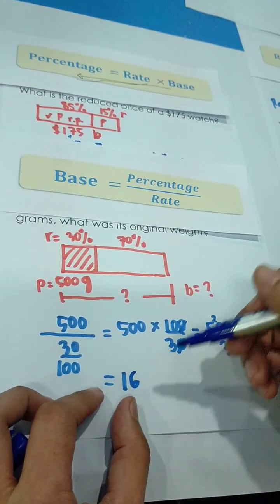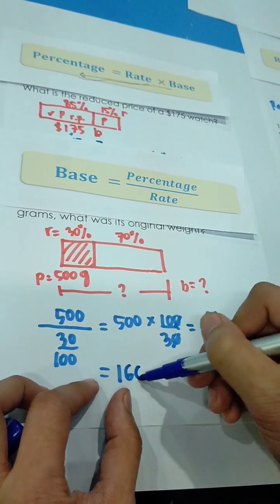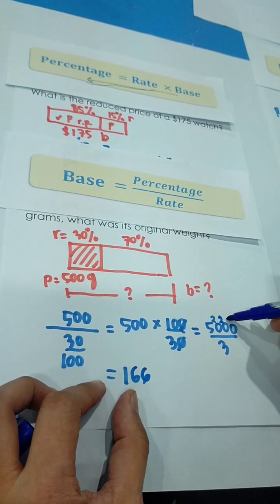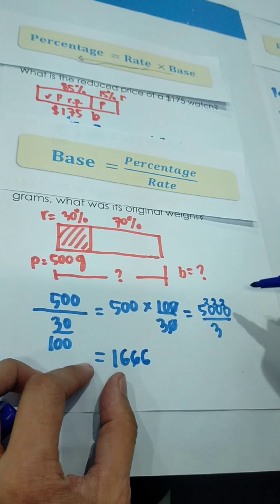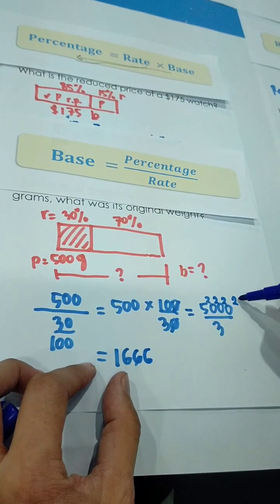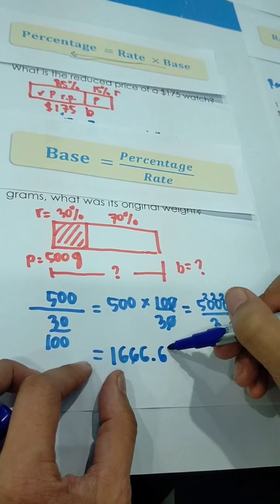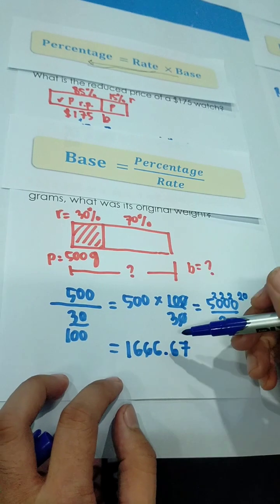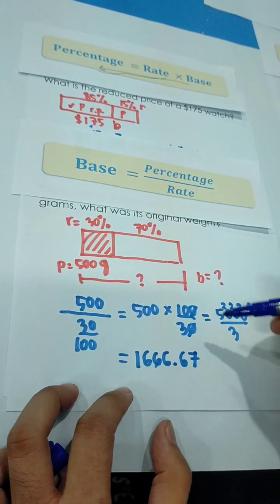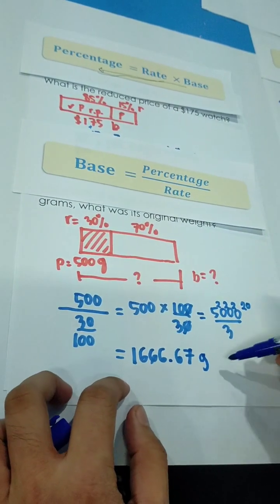So 3 times 6 is 18. We have a remainder of 2. Again, it's another 6. We have a remainder of 2. It's 20 divided by 3, 6. We have a remainder of 2. Start borrowing 0. So that is about 1,666.67 grams.